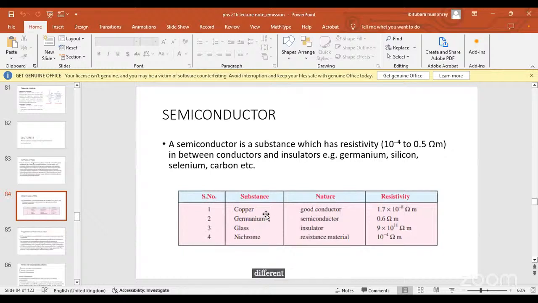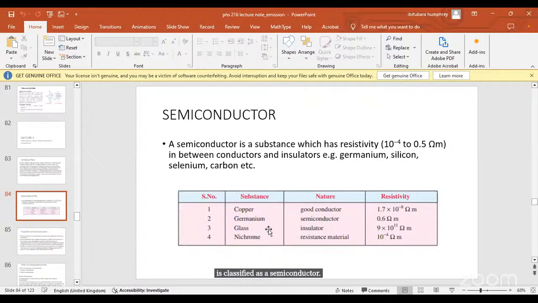We have copper. It's a very good conductor, has a resistivity of 1.7 × 10⁻⁸ ohm meter. Germanium has a resistivity of 0.6 ohm meter, and is classified as a semiconductor.